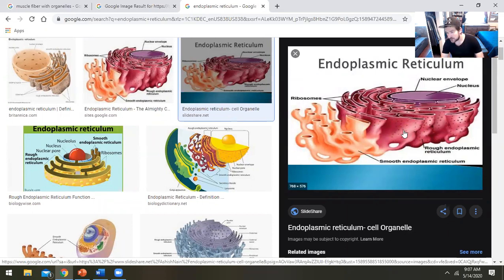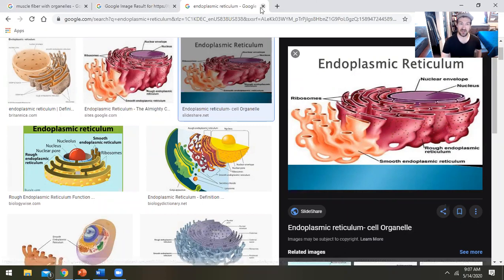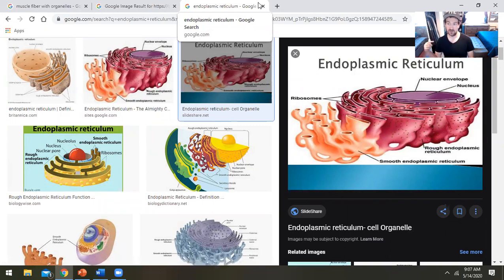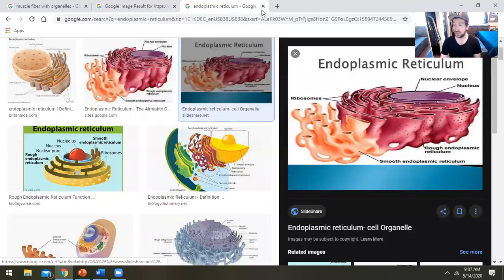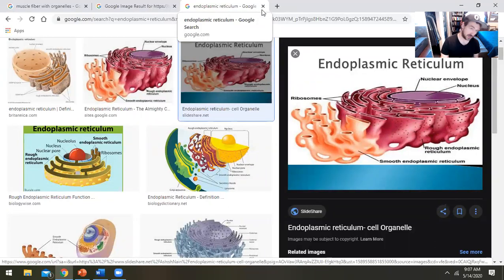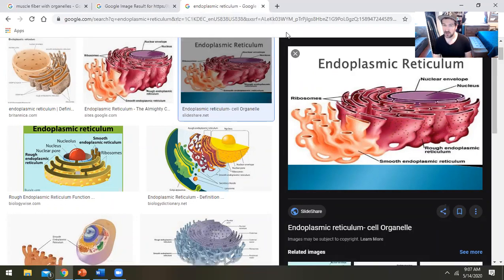You can see the rough stuff, see all those little bumps? Those are ribosomes, there to assemble those things. That's how the nucleus of your cell communicates with the rest of the cell. It's where all your DNA is being assembled. The nucleus has the DNA, the ribosomes assemble that DNA. So that's what we're seeing in there.